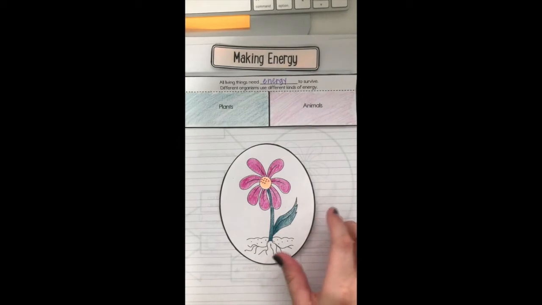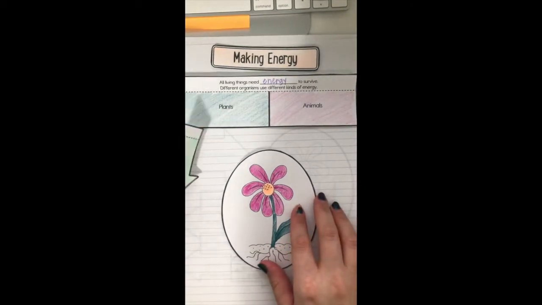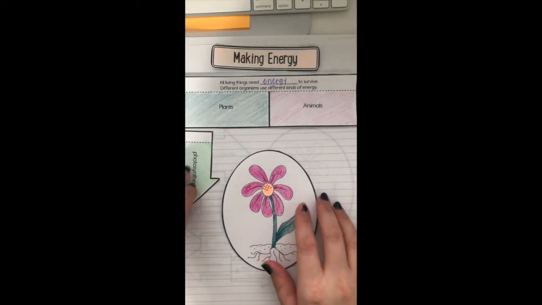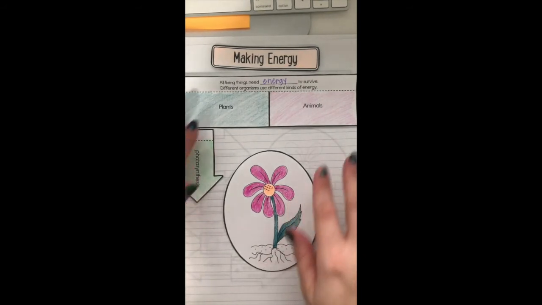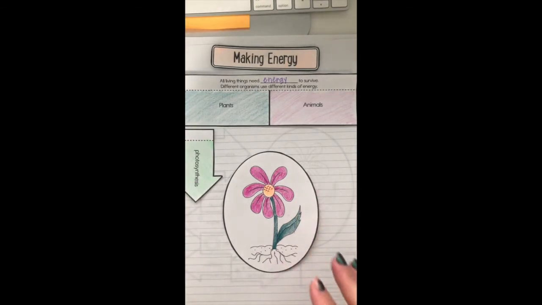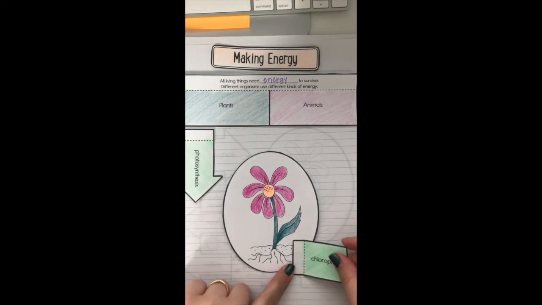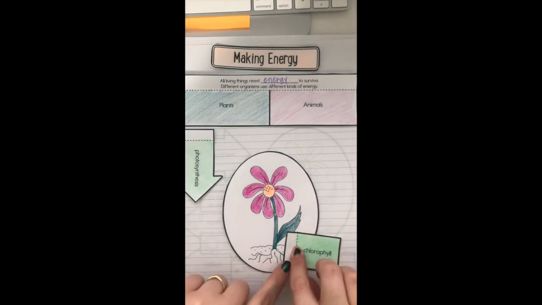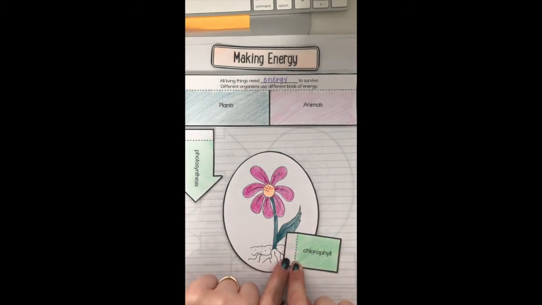So here we're going to put our photosynthesis tab around here, because that is what the plant uses. I'm going to put our little chlorophyll tab here. As you know, the chlorophyll is that green color inside of the leaves of the plant.